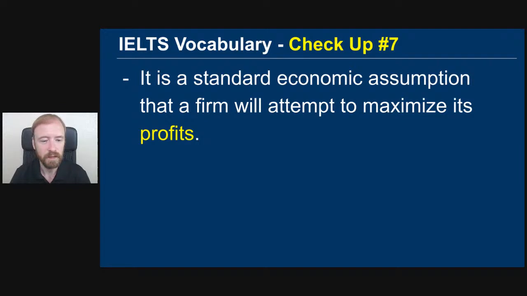And you can say profit as singular, just one profit, but usually when we're talking about companies, they have different forms of profits. So if you're talking about a company, we want to use profits with an S. If we're talking about a small individual, I sold my car, I made a lot of profit.